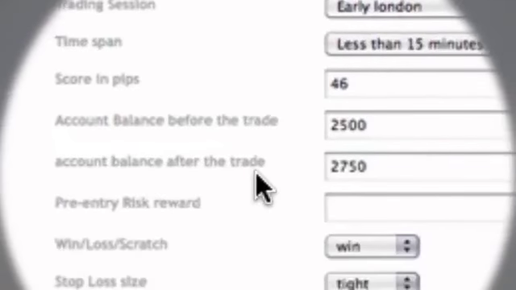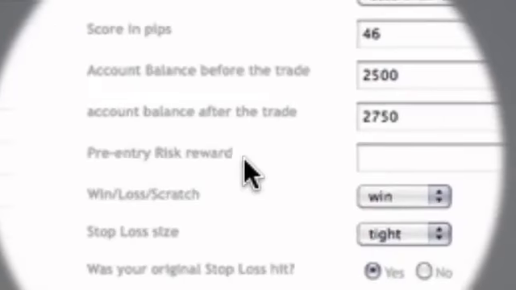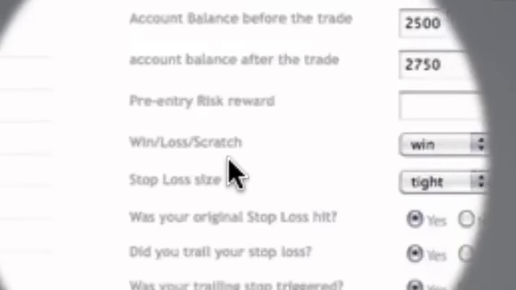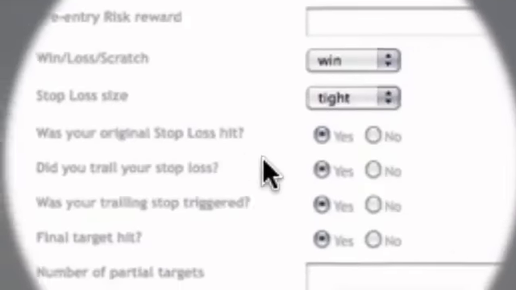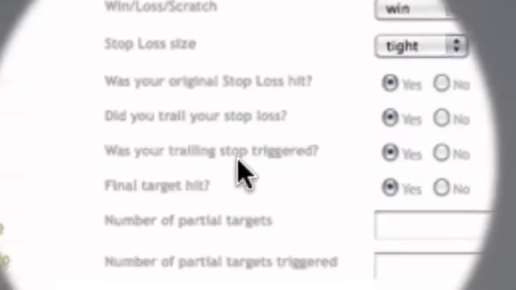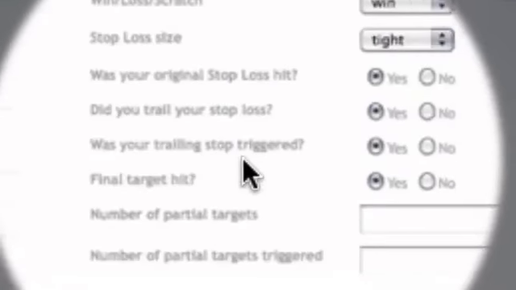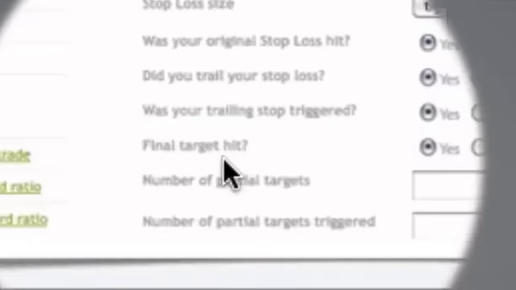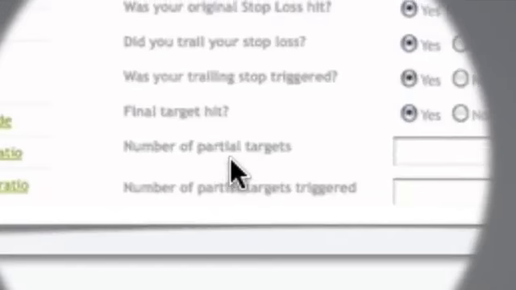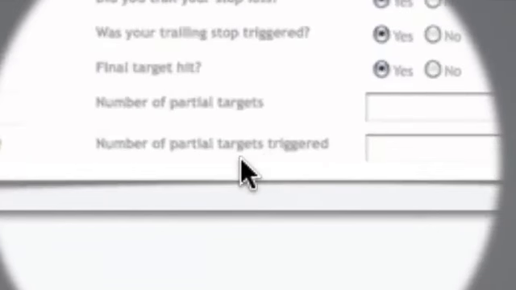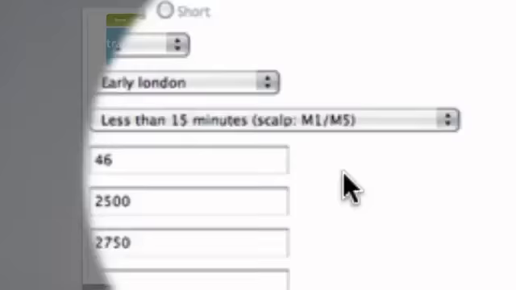The score in pips, the account balance before the trade and after the trade, the pre-entry risk reward ratio, whether the trade was a win, a loss, or a scratch trade, the size of your stop loss, whether your original stop loss was hit, whether you trailed your stop loss, whether your trailing stop loss got triggered or not, whether your final target got hit, how many partial targets, how many sequential targets did you implement into this trade, how many of those partial targets got triggered, and so on and so forth.